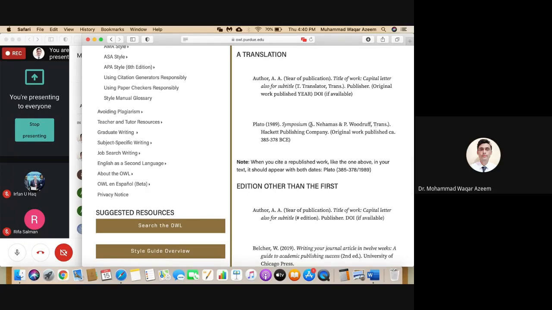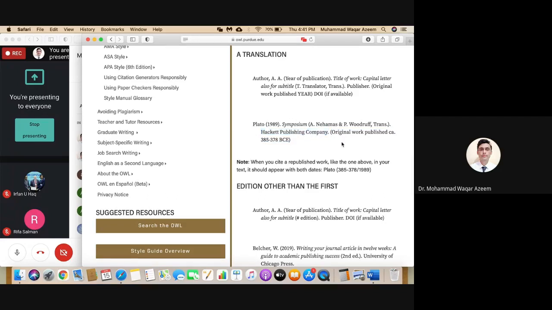Now, when the translator's names go like this, they have to be written in their common natural order. We don't invert the names inside the citation. That happens only at the beginning of the citation. Okay, and then after you write the translator's name, you put a comma, and then you write these words Trans period. That means that these two names are translators. And then who published this book?